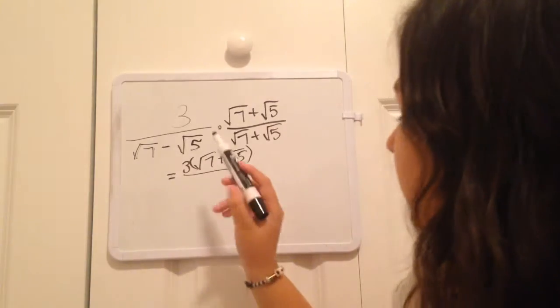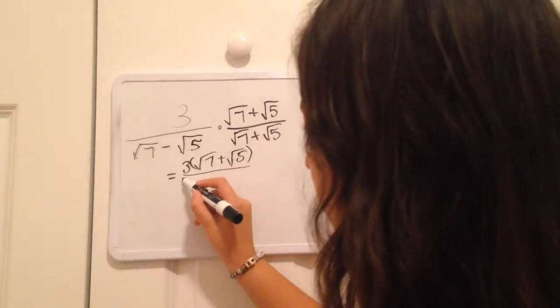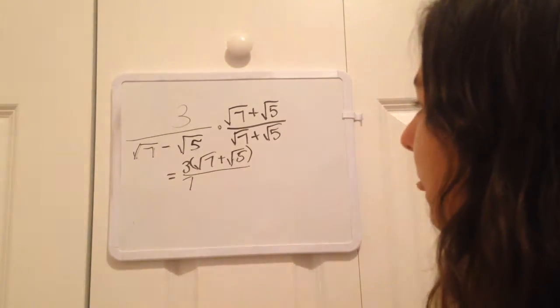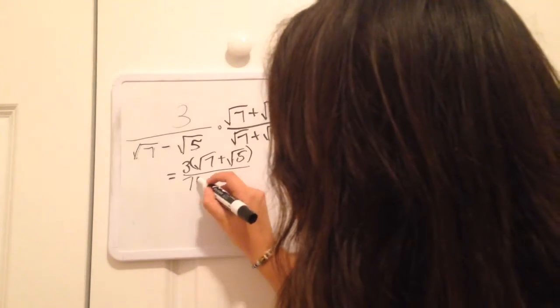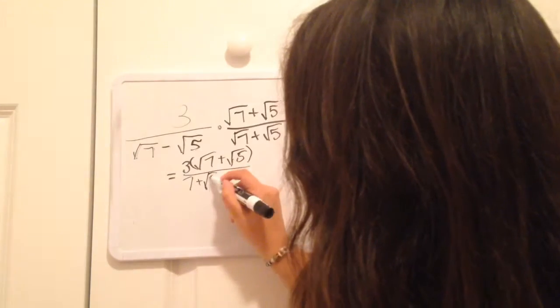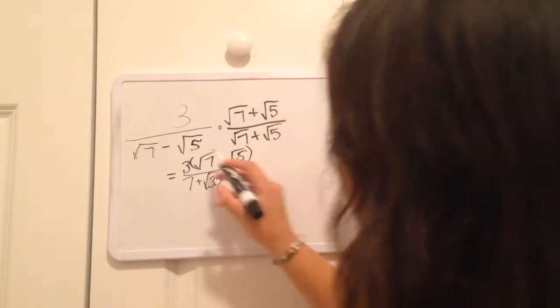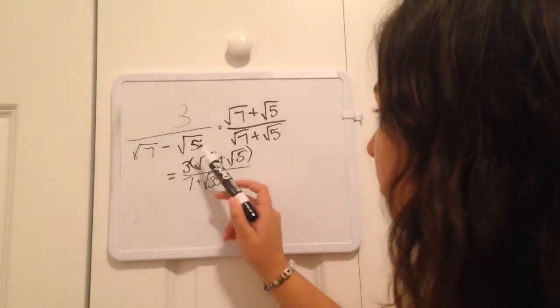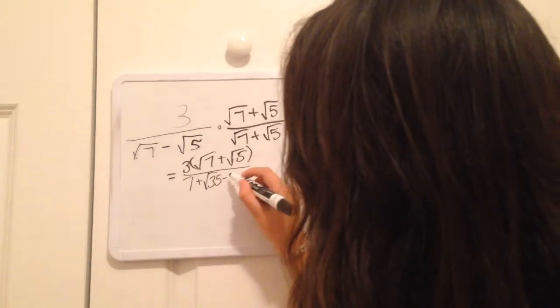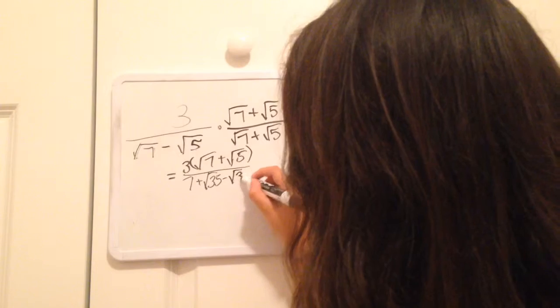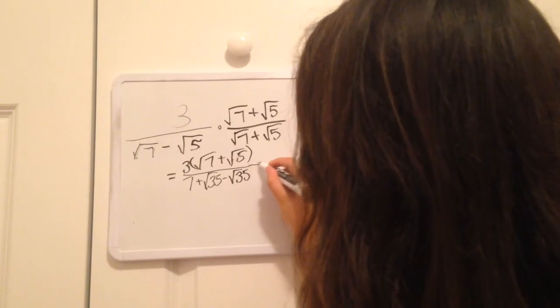A radical 7 times a radical 7 would just be 7. Radical 7 times radical 5 would be radical 35. A negative radical 5 times radical 7 would be negative radical 35.